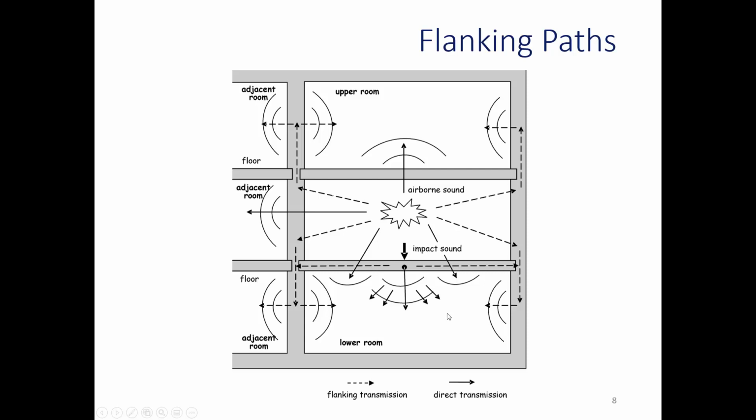Impact sound is mentioned here. There's a whole other side to all of this that is impact sound. Similar requirements. You need to have 50 IIC, so it's impact isolation class, by building code, or 45 IIC. That's just to meet building code.